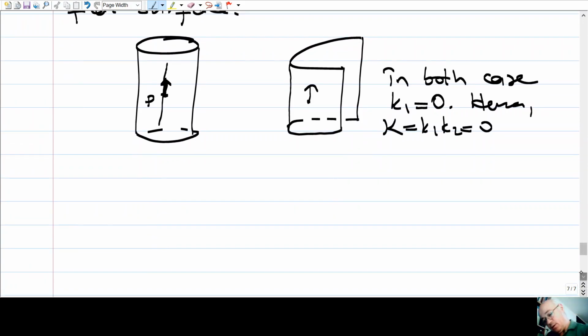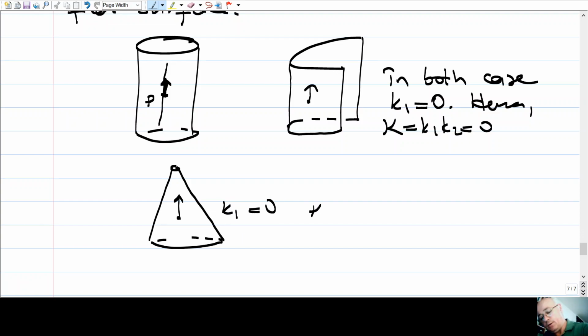Maybe let me also draw a cone like this. Of course, I have to remove the tip of this. So like this. Here again, if you choose any point, then there is this direction and it contains a line. So in that direction, the curvature will be 0, right?